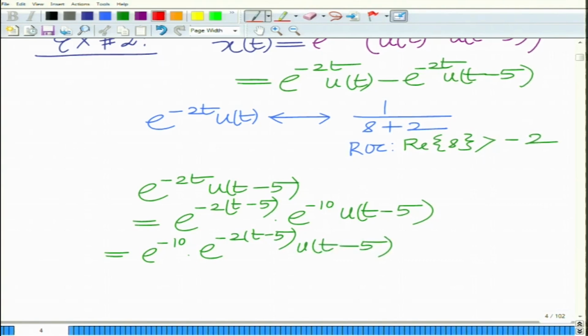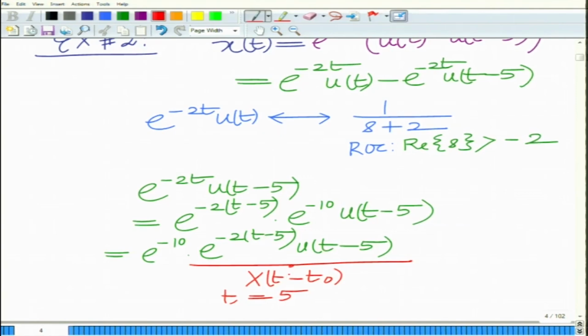Now, this signal is of the form x(t minus t naught), where t naught equals 5, and x(t) is e raised to minus 2t into u(t).